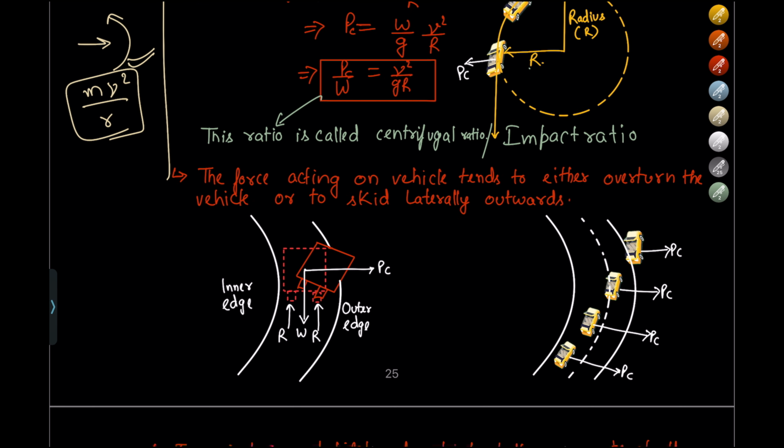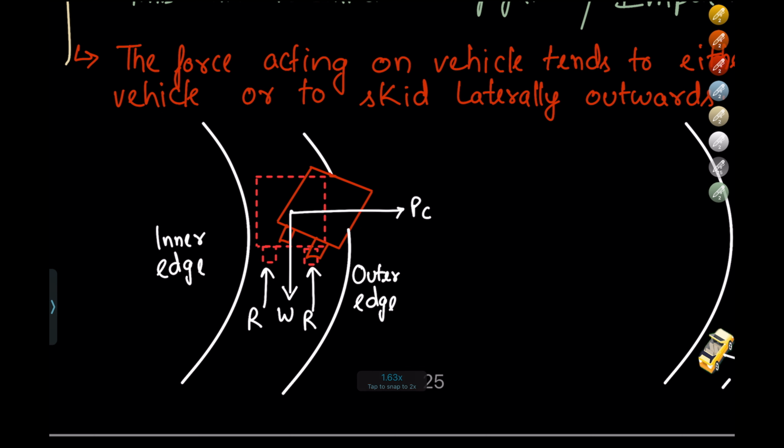Right. Next, the force acting on the vehicle tends to either overturn the vehicle or to skid laterally outwards. Whenever a vehicle is moving in the circular motion or it is traversing a curve, it is bound to two effects due to centrifugal force. One is it will overturn.